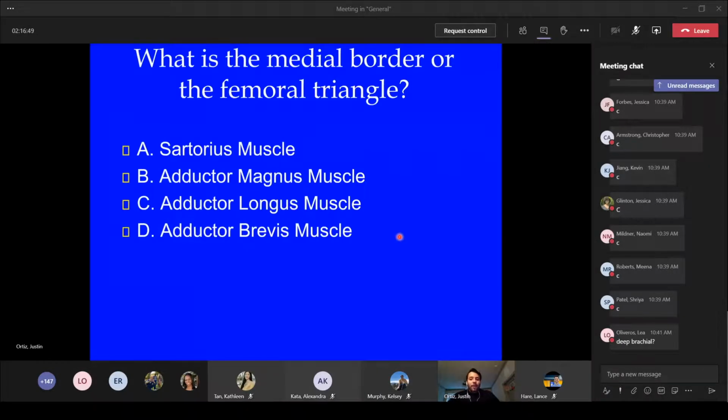So here's another comprehension check question. What is the medial border of the femoral triangle? Is it going to be A, B, C, or D?